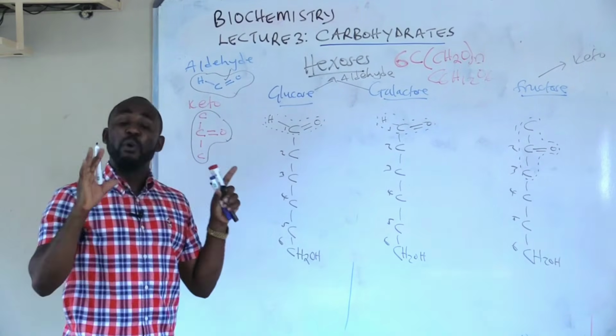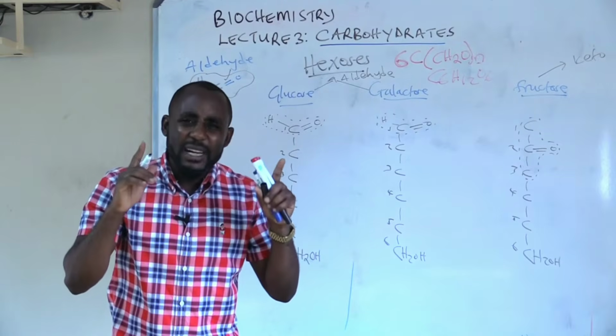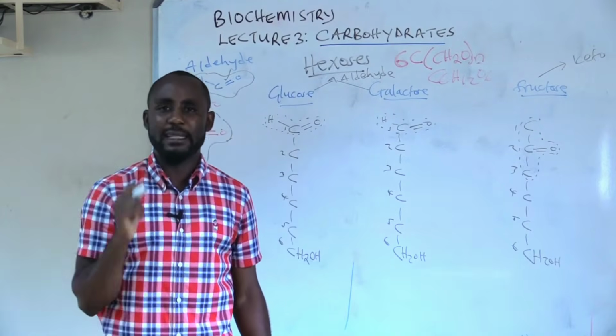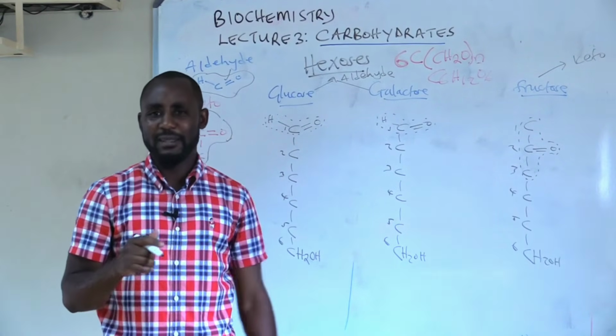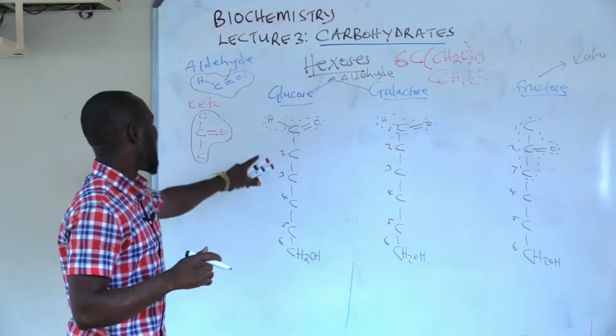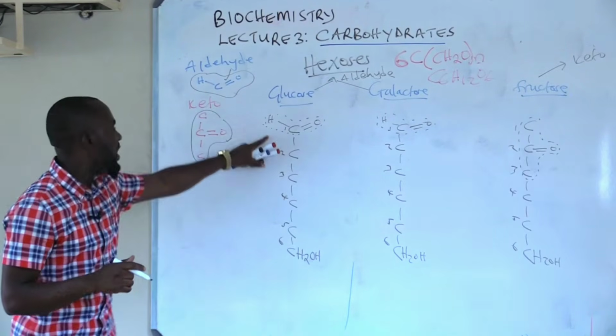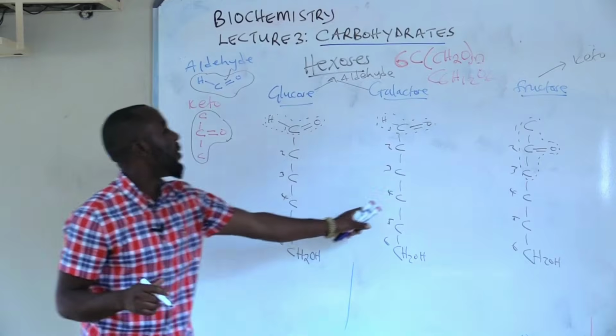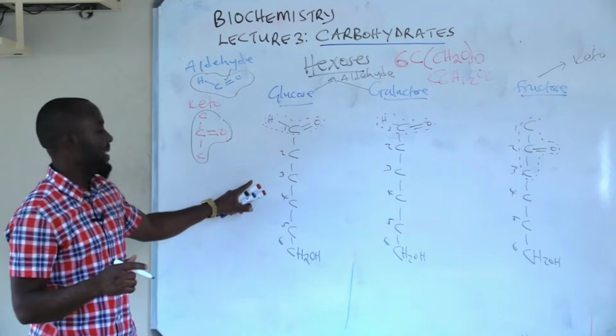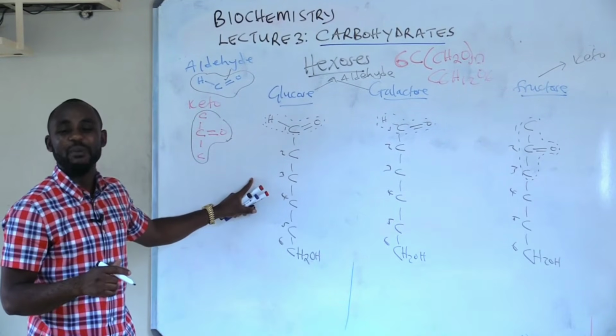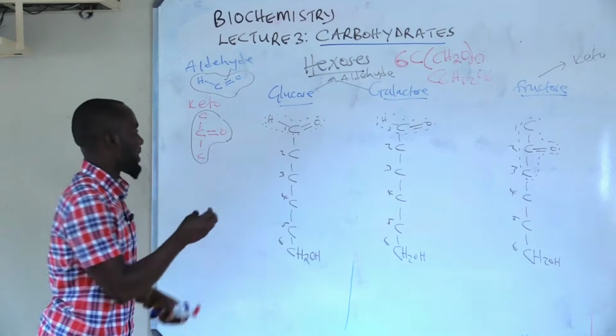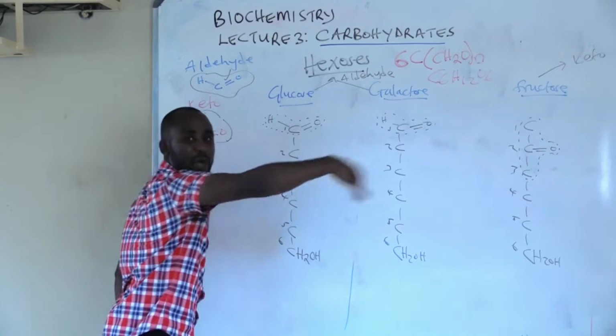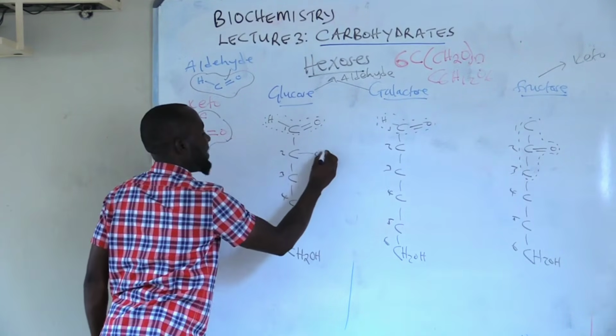When you reach this point, the only structure I will ask you to know by heart, if possible memorize, is the structure of glucose. Because when you know this, you can draw any hexose from this one. It's the starting point. And for glucose, on carbon number 2, on your right side, there is OH attached.